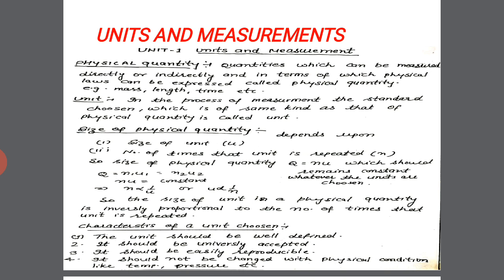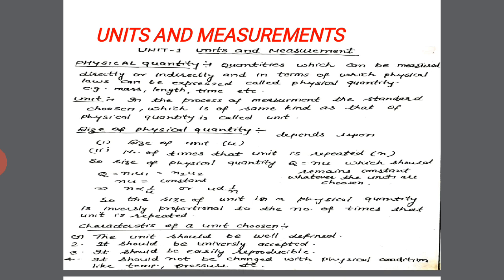Unit is, in the process of measurement, the standard chosen or opted which is of the same kind as the physical quantity. Okay, the size of a physical quantity depends upon the size of the unit and the number of times the unit is repeated.